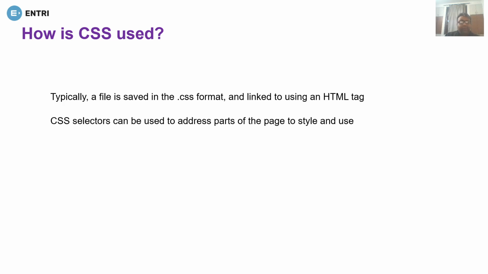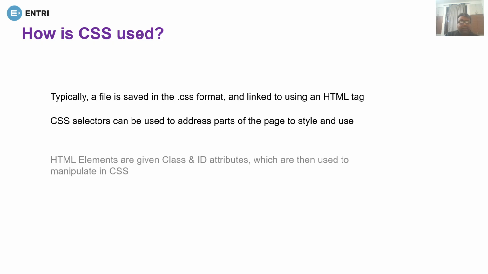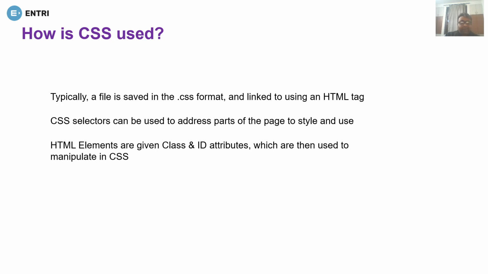Now, if we are talking about selectors, it is a fixed type of coding. But when we talk about classes and IDs, we can create classes, we can create IDs, attributes, and then we can link them to the respective elements, the respective tags. When I'm talking about HTML elements, obviously it is pointing to the tags themselves.